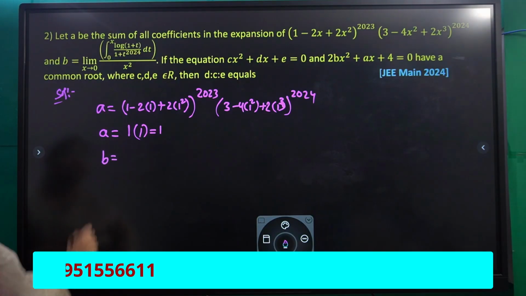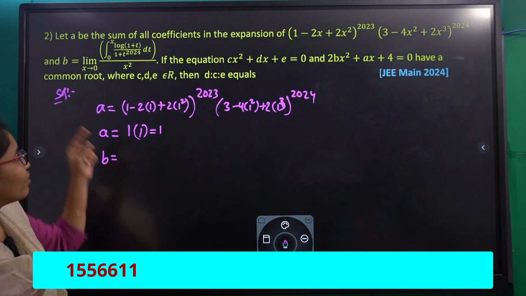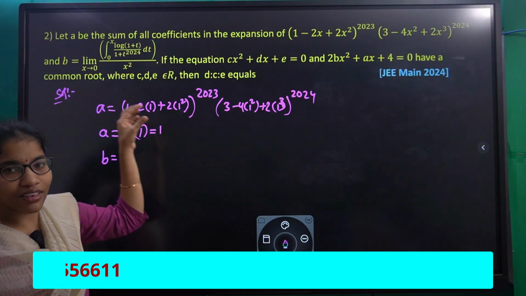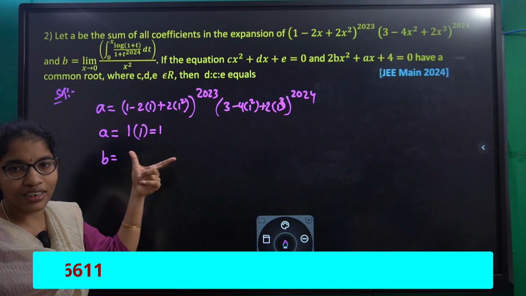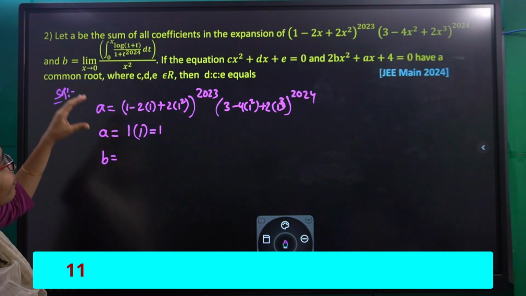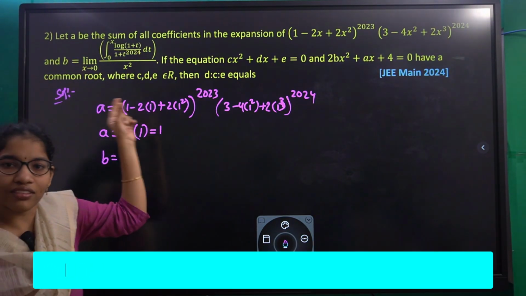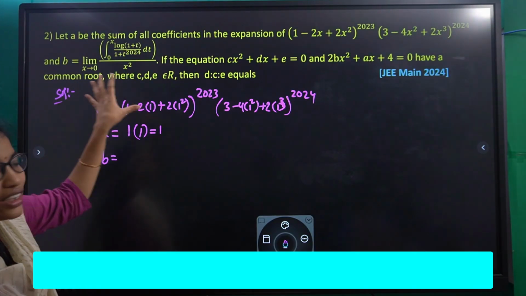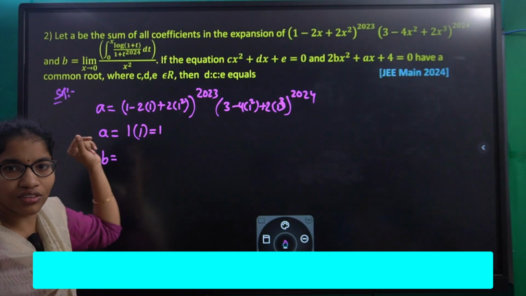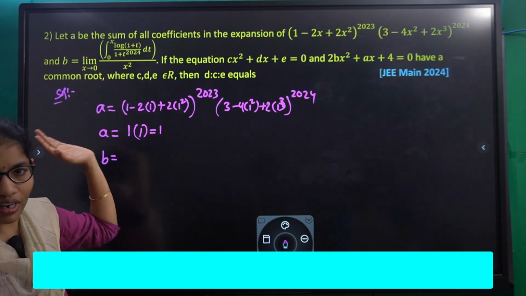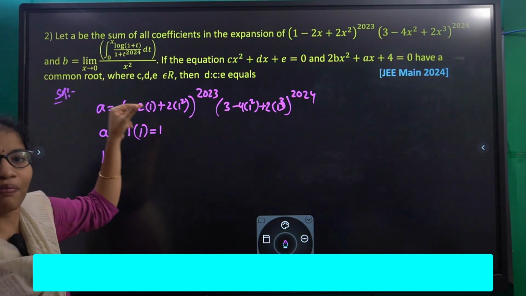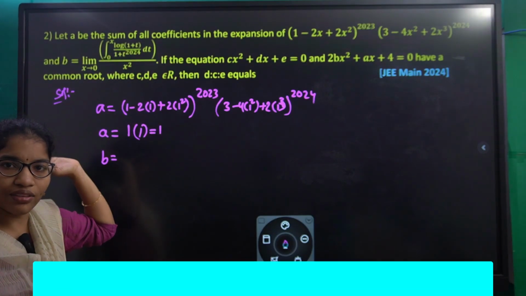So now find out the B value. What is B here? Limit x tends to 0 of the integral from 0 to x, which is a definite integral, right? In this definite integral, if you do the integration and substitute the values, upper limit minus lower limit, right? When you apply the lower limit, we get a constant term.